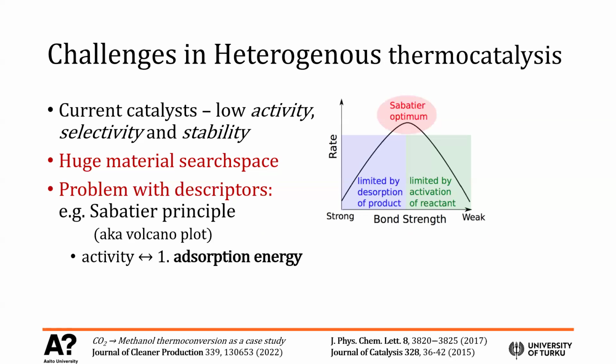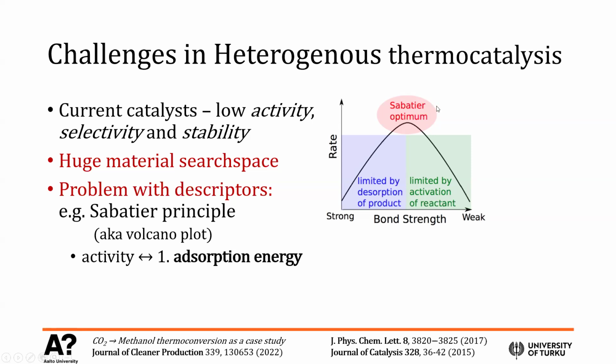If it binds too weakly, then the catalyst doesn't lower the barrier enough. If it binds too strongly, then consequently the products will also be bound to the surface, or to the catalyst if you wish, and that means we are poisoning our catalyst with the product. So not good. And somewhere in between is the Sabatier optimum.